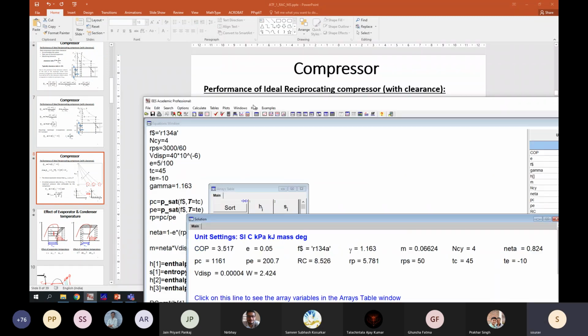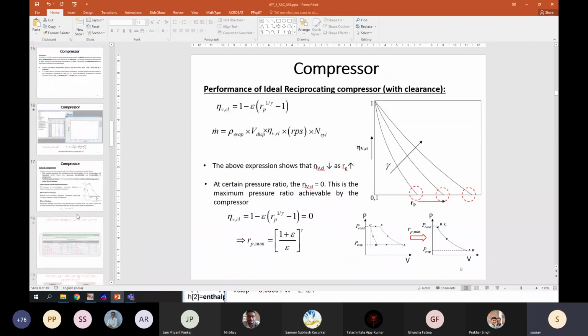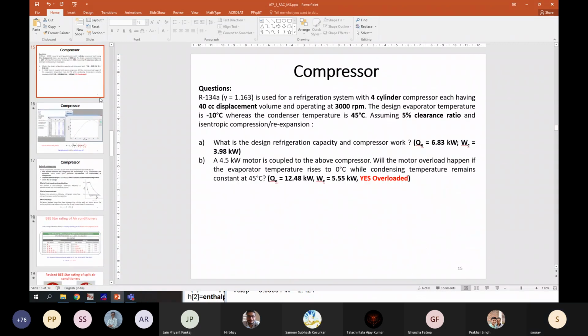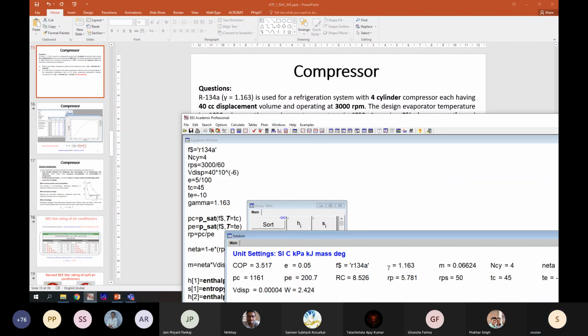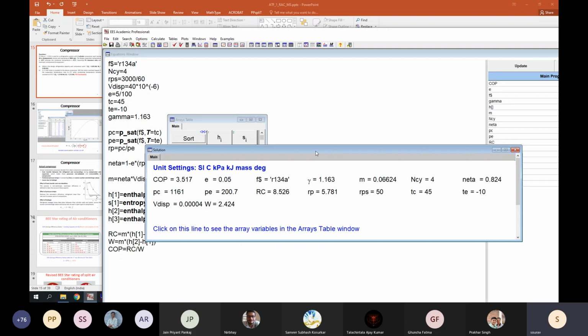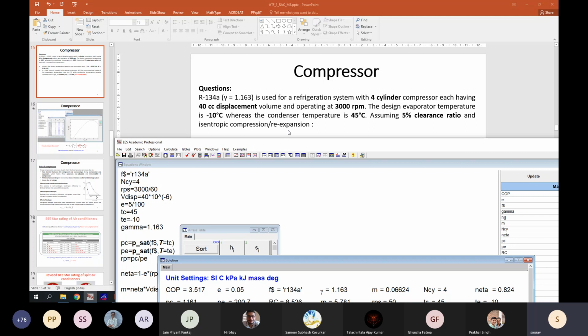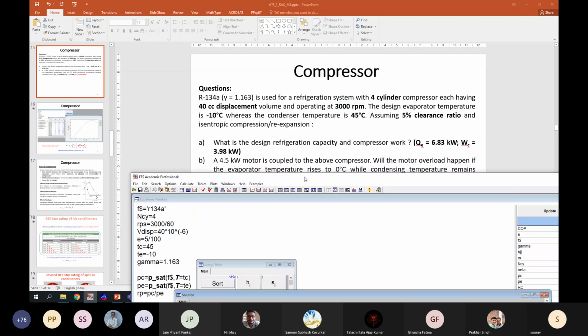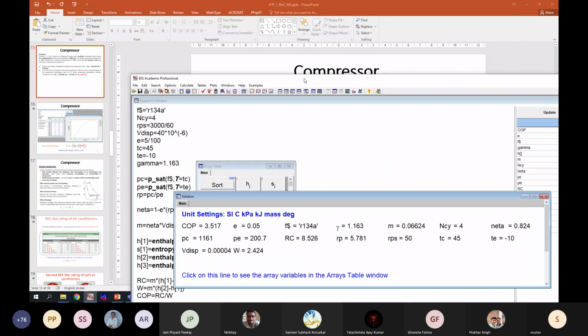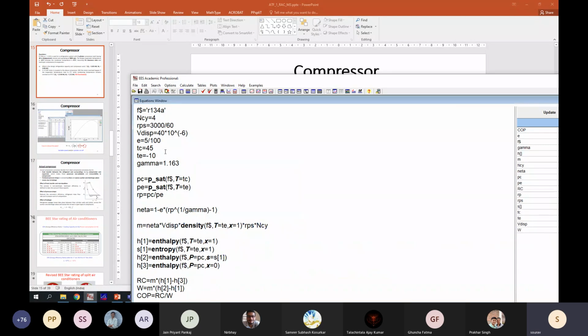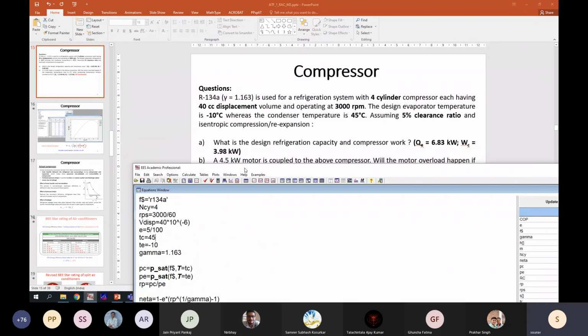Okay, and what is asked, go to the question: what is the design capacity and compressor work? Okay, so we are getting something different. Made a mistake somewhere. 4 cylinders, 4 cylinders. Refrigerant is this.